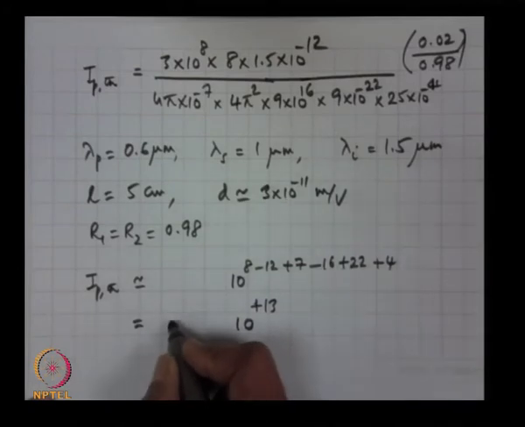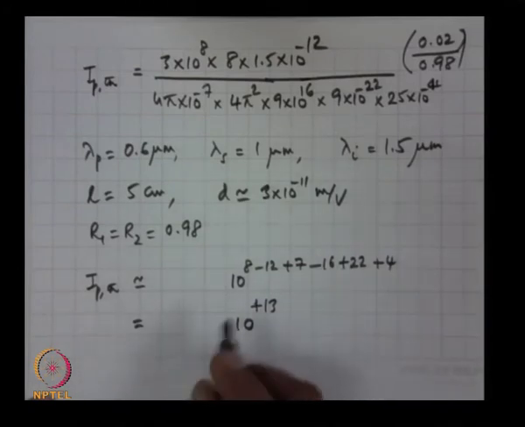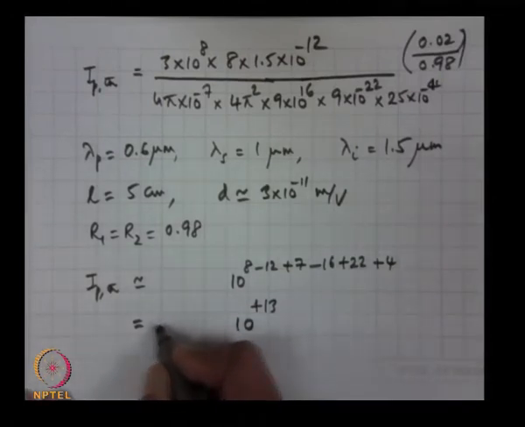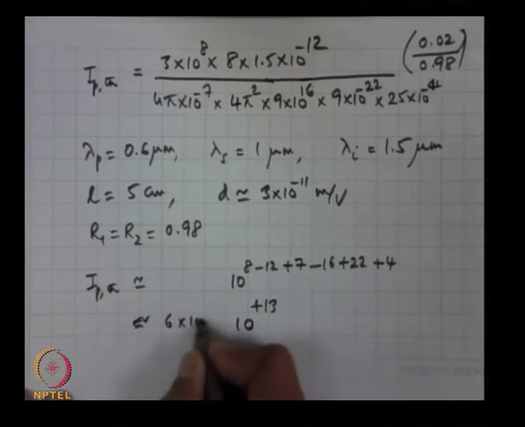That seems too large. One minute. You should get something like 6 10 to the minus 7.